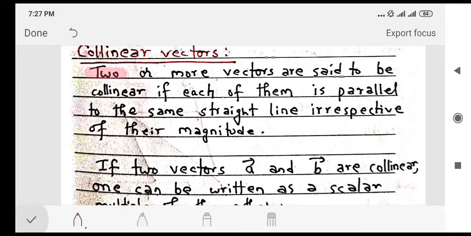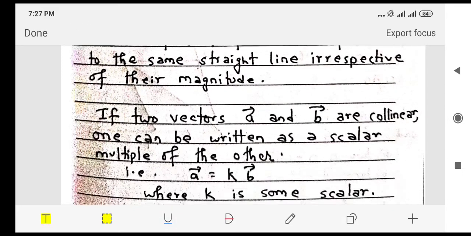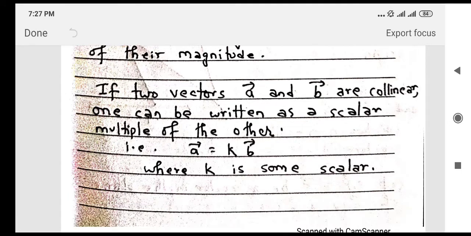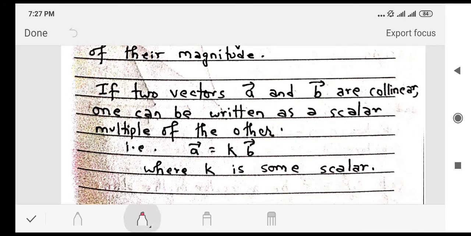Now let's go ahead. In short we can say that if two vectors, vector A and vector B, are collinear, then one can be written as a scalar multiple of the other. That means if vector A and vector B are collinear, then vector A can be expressed as k times vector B, where k is some scalar.